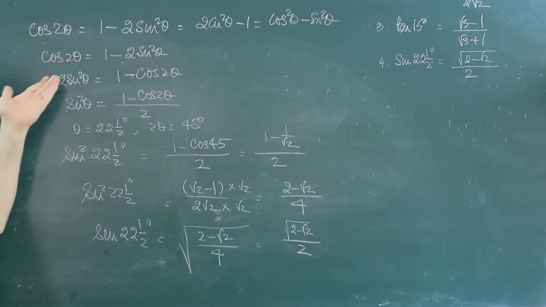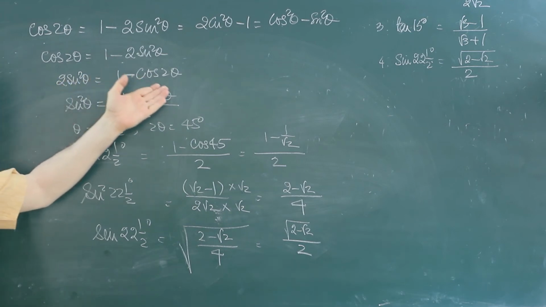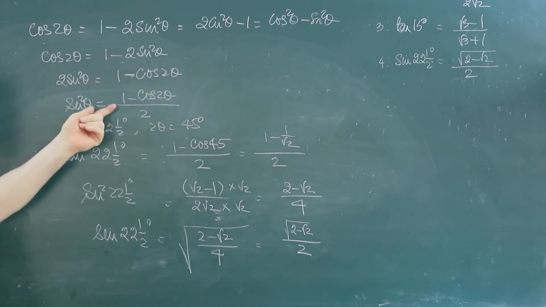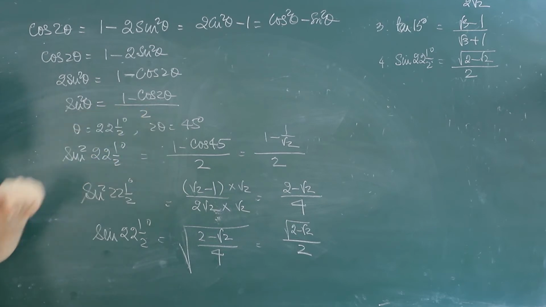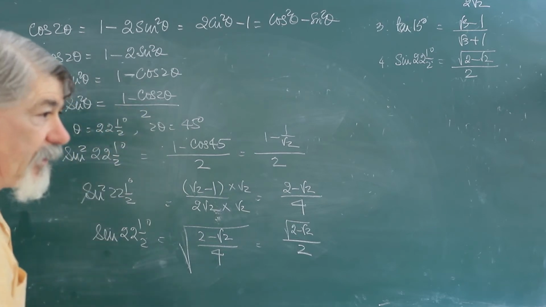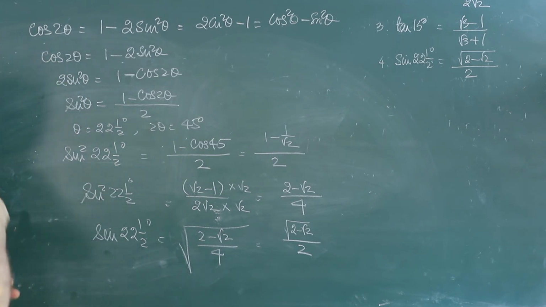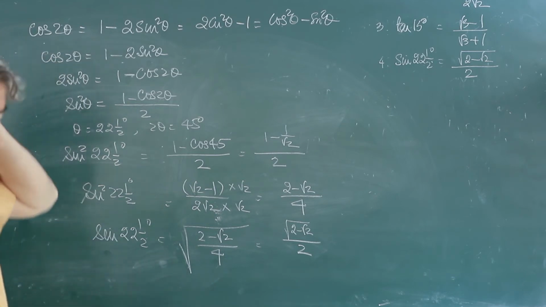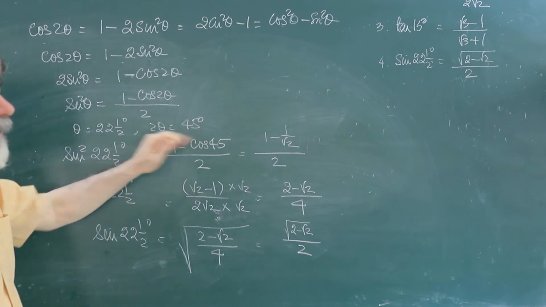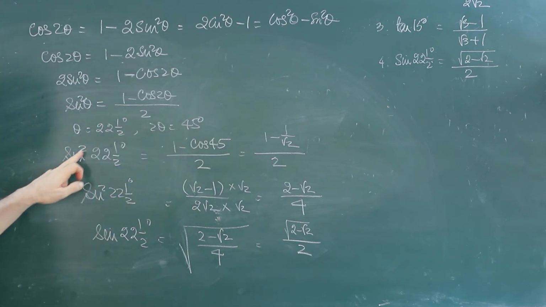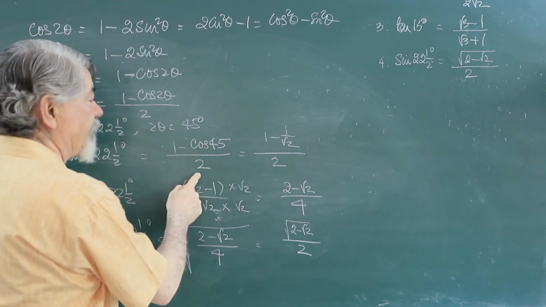I brought 2 sine square theta to this side: 1 minus cos 2 theta. Sine square theta will become 1 minus cos 2 theta upon 2. If theta is 22.5, 2 theta will become 45. So sine square 22.5 degree will become 1 minus cos 45 upon 2.